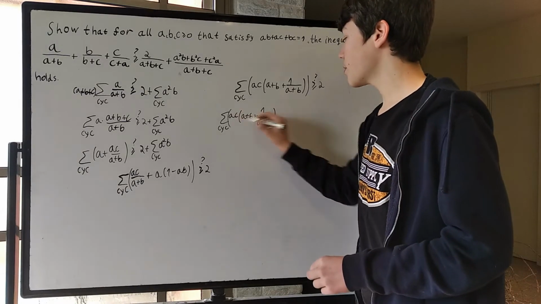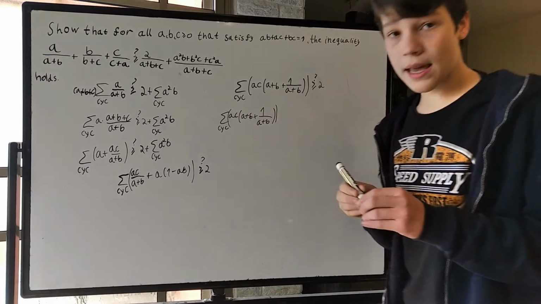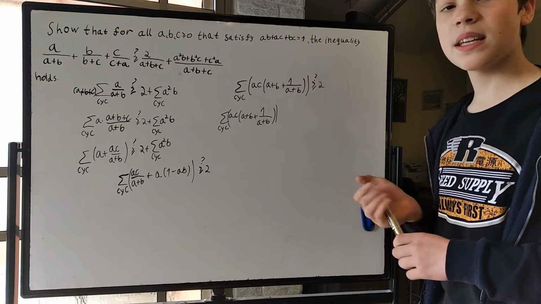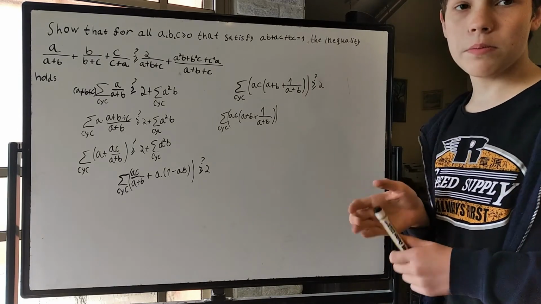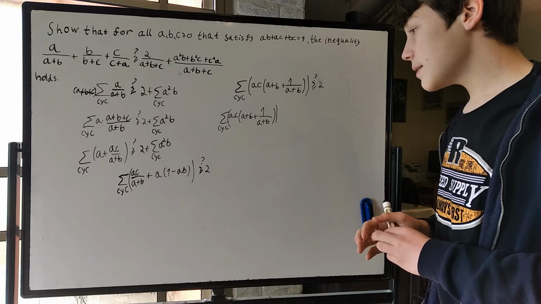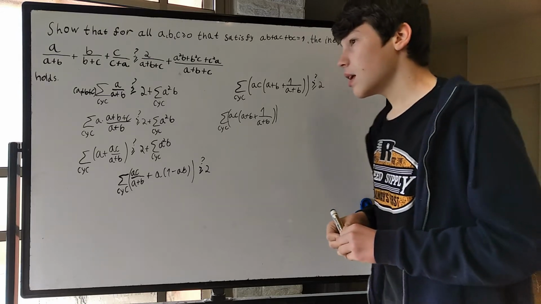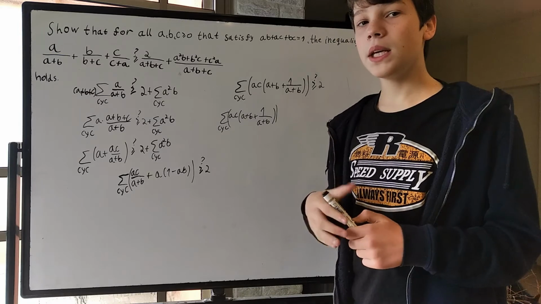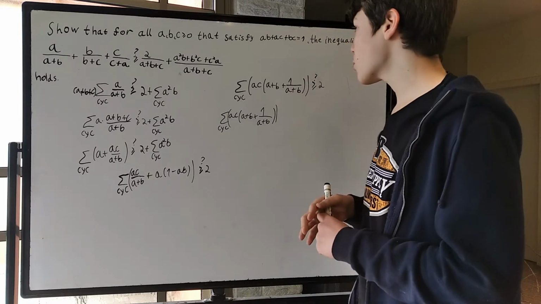And here's what we're going to do. There's a pretty famous inequality called the AM-GM inequality, and it states that basically the arithmetic mean is always bigger than or equal to the geometric mean.